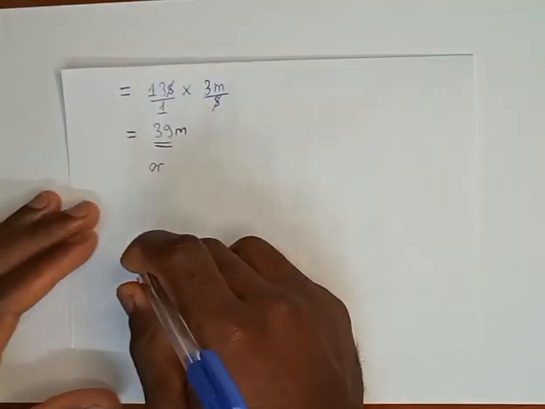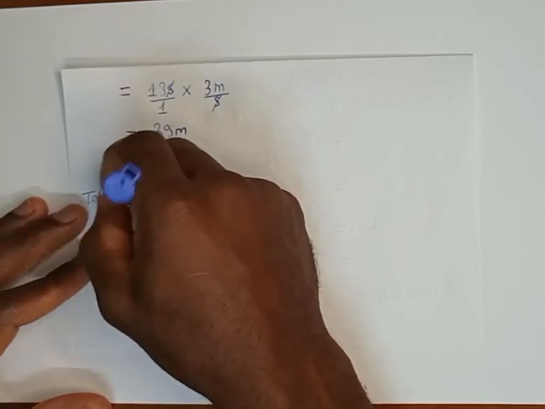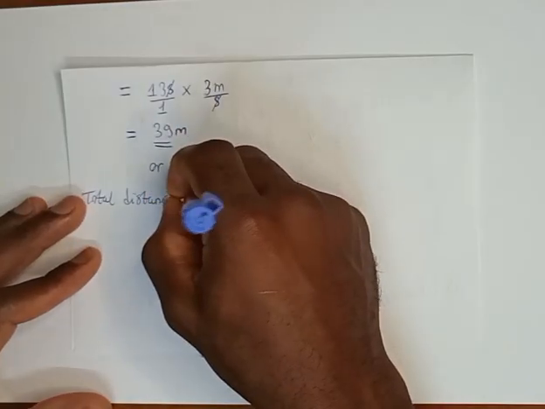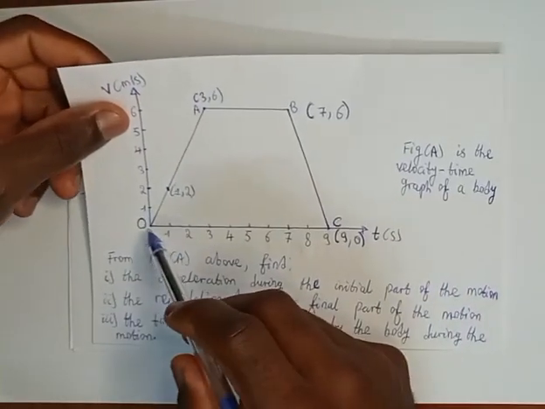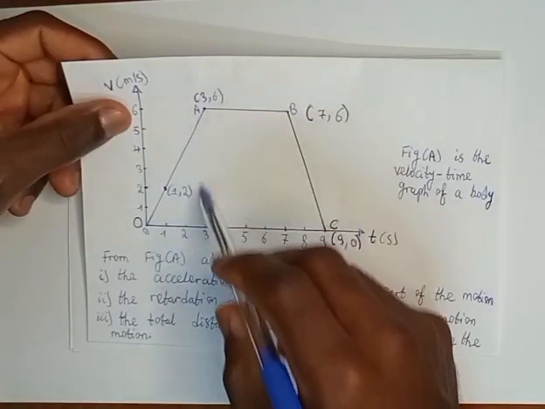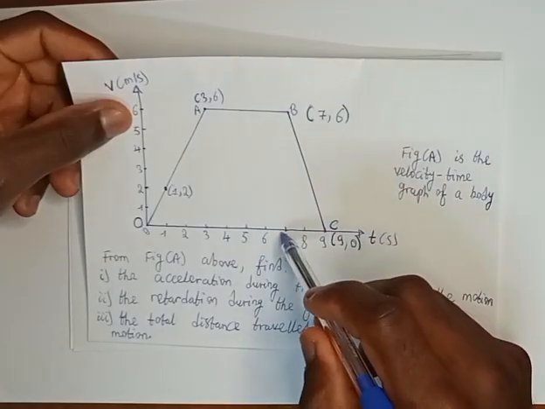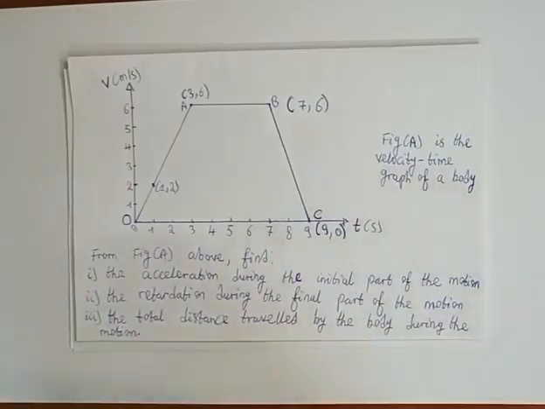Or another way of calculating the total distance, it is simply equal to, we take the area. You can see that this is a triangle, so we take the area of this triangle plus the area of this rectangle plus the area of this other triangle.